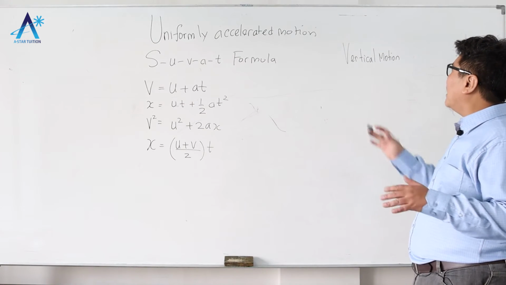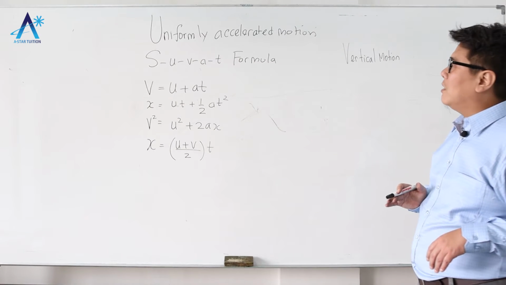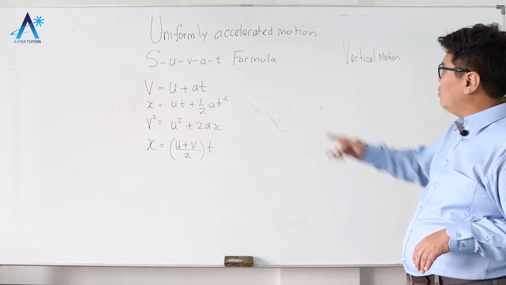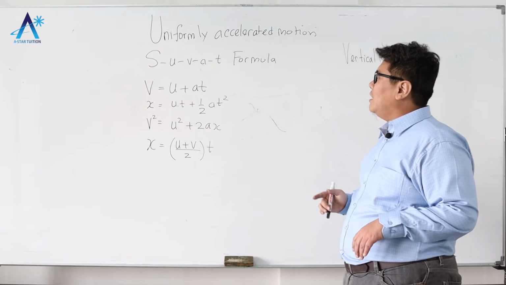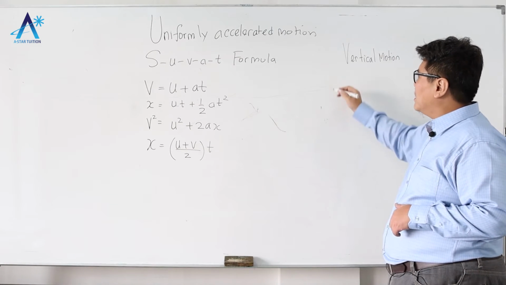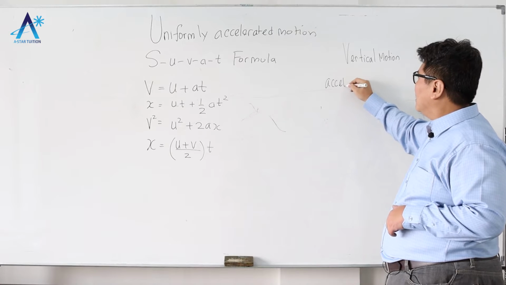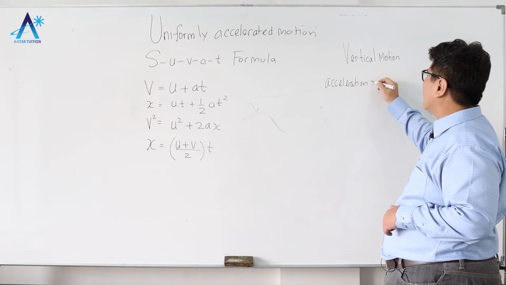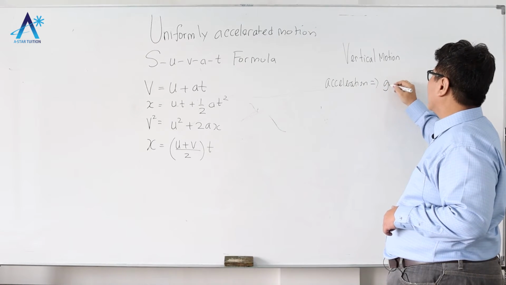Now, that kind of motion is called vertical motion because there is a uniform acceleration in the form of gravity. Okay, so we call this acceleration the gravitational acceleration.